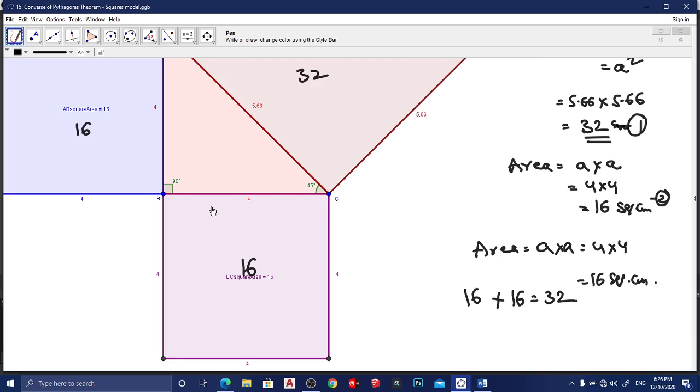The square of this length, which is 4 square, plus 4 square is equal to the square of this length, which is 5.66 whole square.